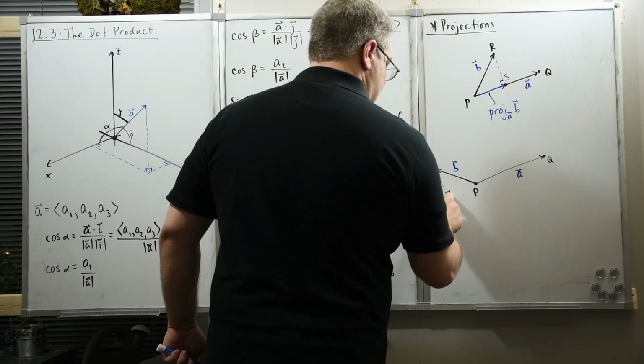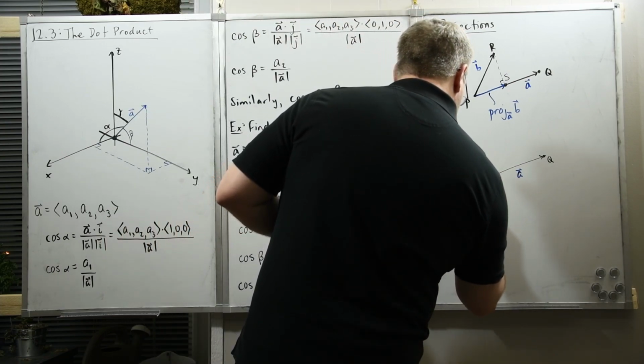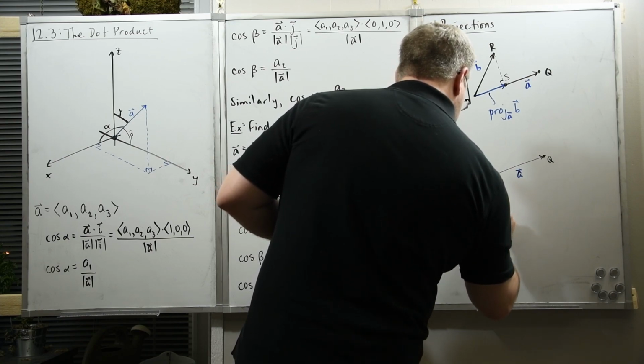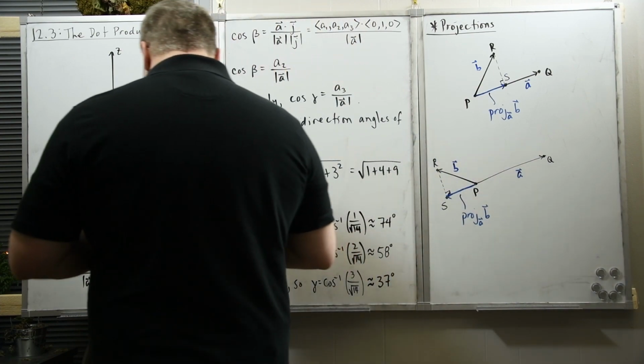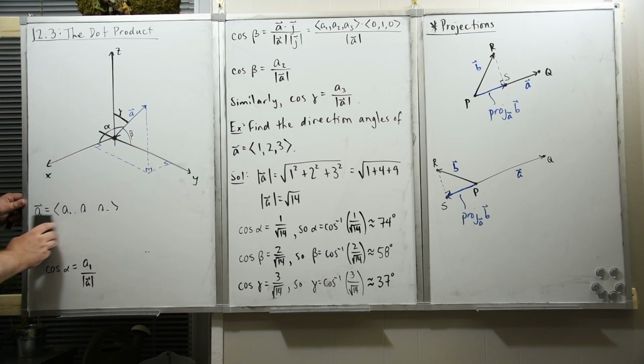And this vector PS will then be the projection of B onto A. Now this time, that projection vector points in the opposite direction as the vector A, but that's okay. So once again, we have the projection of B onto A.